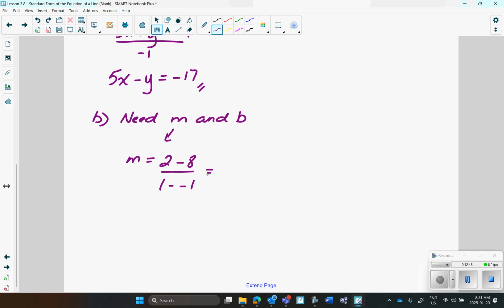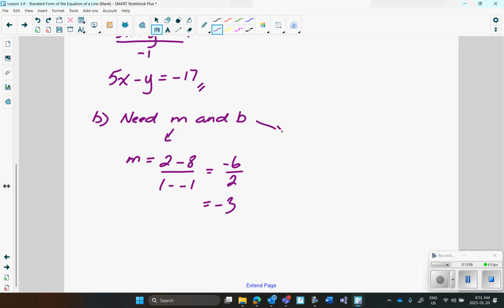So that should give me -6 over 2. Works out to exactly -3. Which is nice because when that's not a fraction, we don't have to worry about fractions for B.